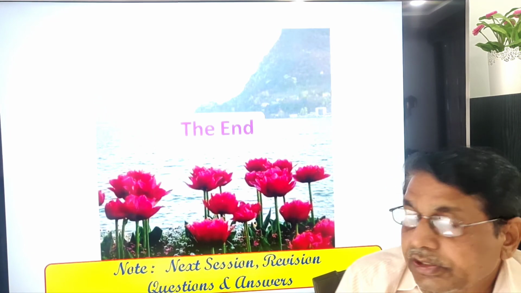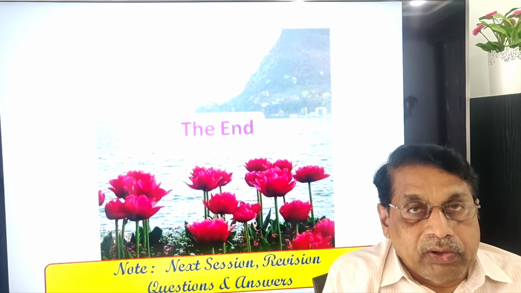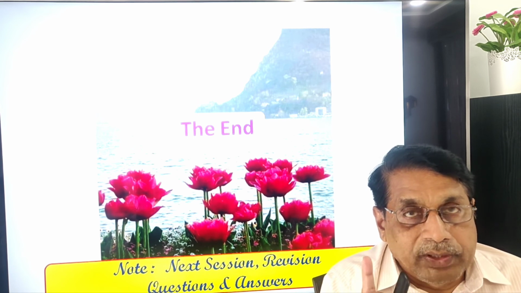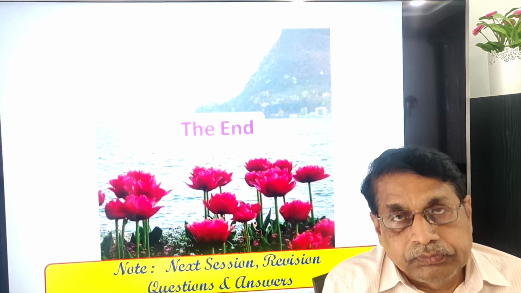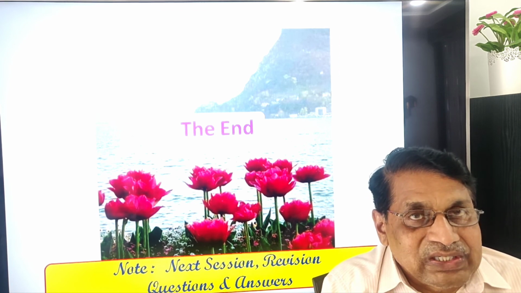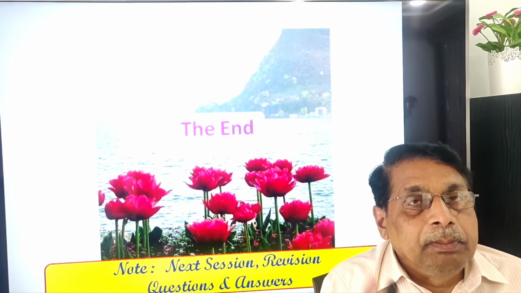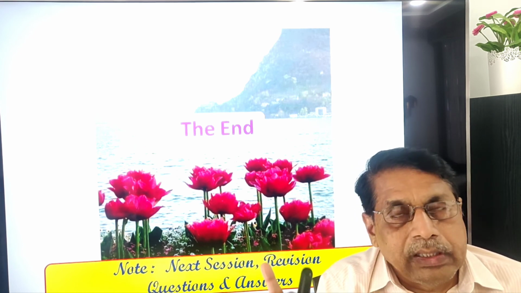So this is the end. What have we studied in this class? Viroids are RNA. Viroids infect only plants. They cause disease. Prions are only proteins, no RNA, no DNA.